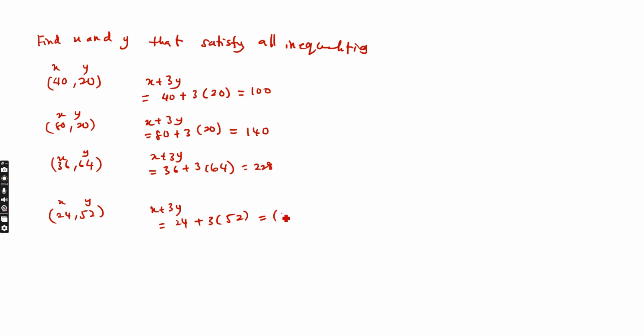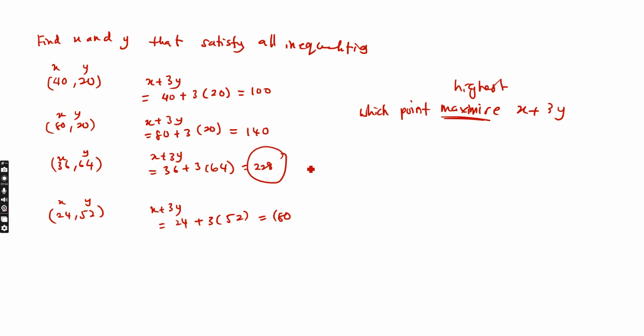So the question asks which point maximizes x plus 3y. Okay, which one maximizes? How to know maximize? Maximize means the highest value. Correct, good job. So this one is maximized.